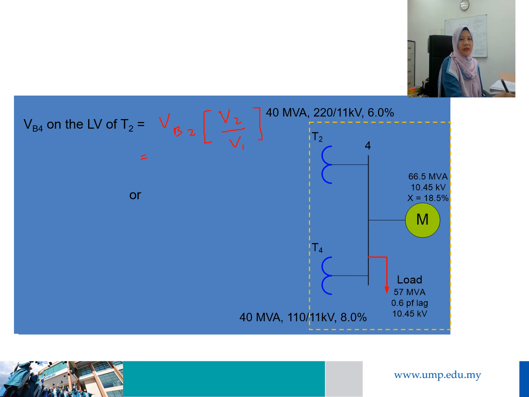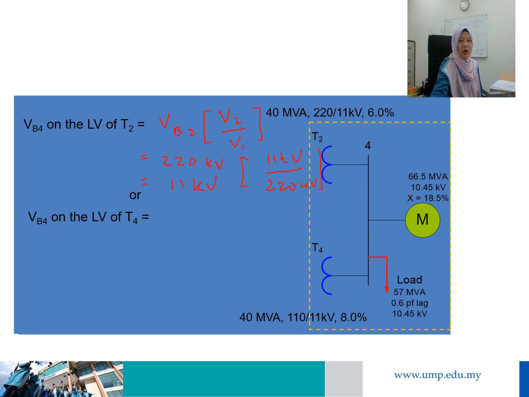So V base 2 is equal to 220 kV multiplied by the secondary voltage of T2, which is 11 kV, and the primary voltage of T2 is 220 kV, and thus we get the base voltage at region number 4 equal to 11 kV.